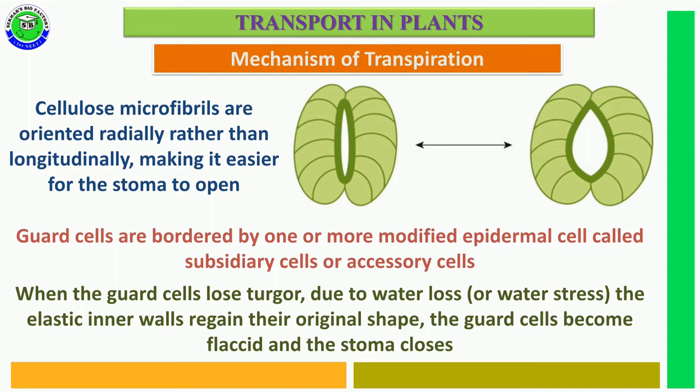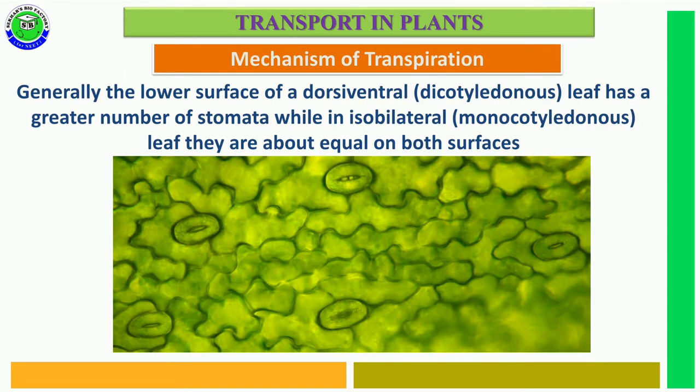When the guard cells lose turgor pressure due to loss of water, the elastic inner wall regains its original shape, the guard cell becomes flaccid, and that leads to closing of stomata. Generally, the lower surface of a dorsiventral or dicotyledon leaf consists of more stomata.